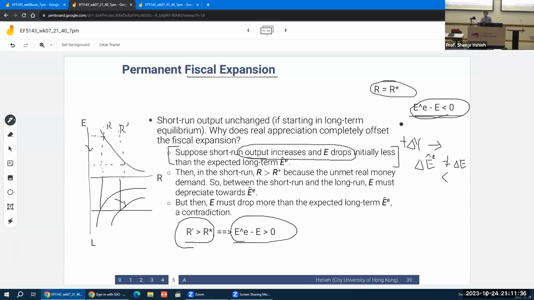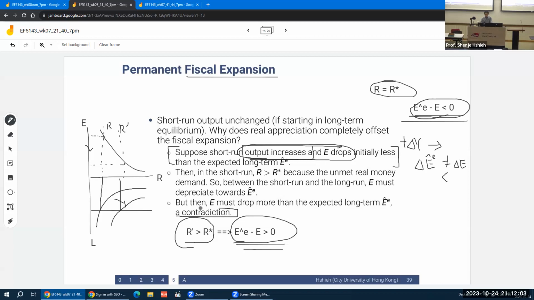But these two statements can't be reconciled. One says the difference is positive, one says the difference is negative. So these two things cannot coexist. And so our initial assumption that there is in fact an output effect is wrong.